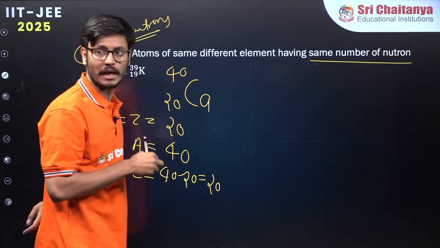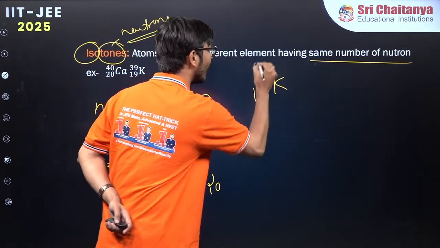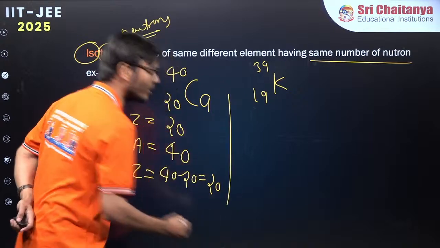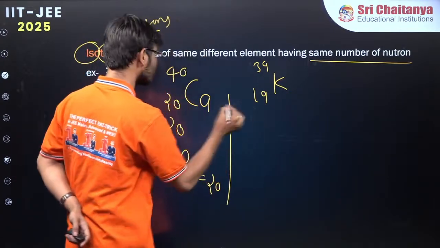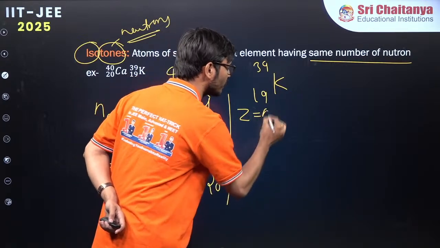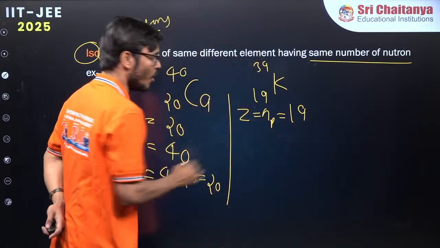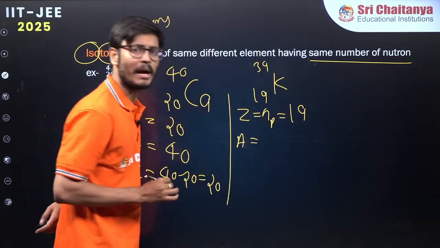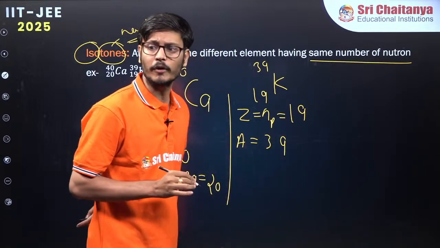Now let us come to potassium. In the case of potassium, we are having 19 and 39. Let us write all the information. Atomic number, or number of proton, is equal to 19. Mass number is equal to 39. So what will be number of neutron then?